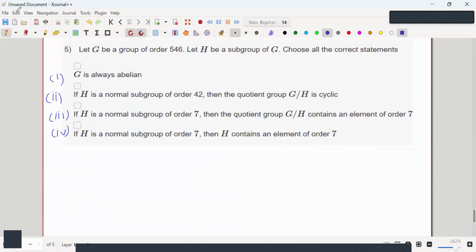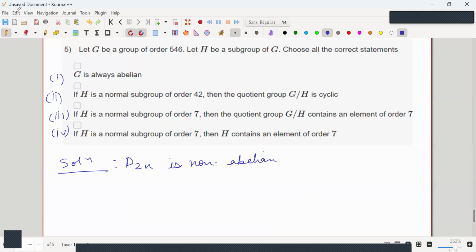So the solution is: D2n is non-abelian. And now you also should check why this is non-abelian. What are the elements which won't commute?